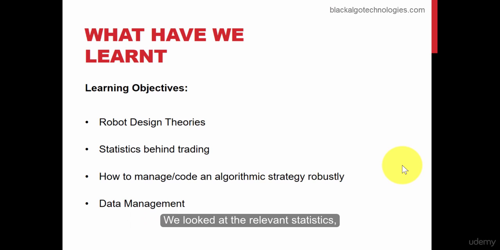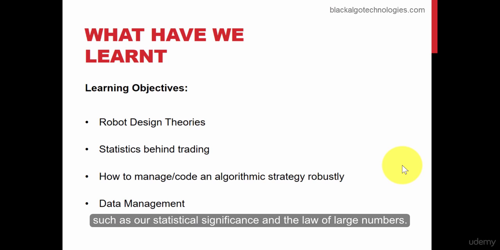We looked at the relevant statistics, such as statistical significance and the law of large numbers, and we learned how to use them to analyze our strategies. We learned how to manage and code an algorithmic strategy robustly.